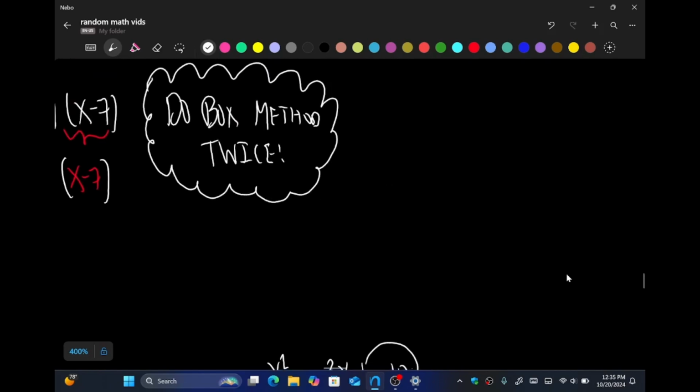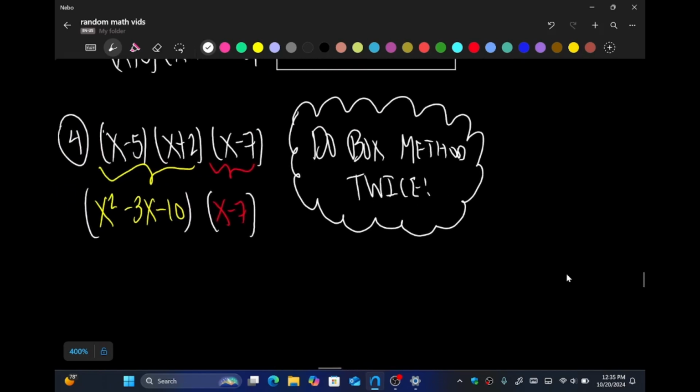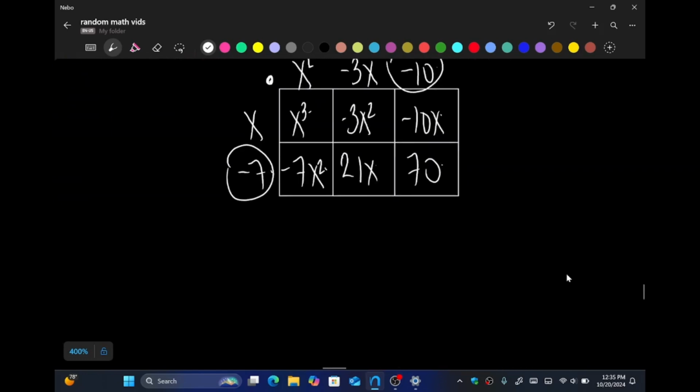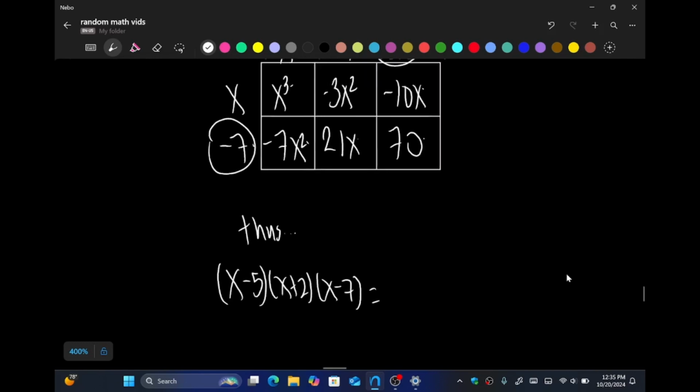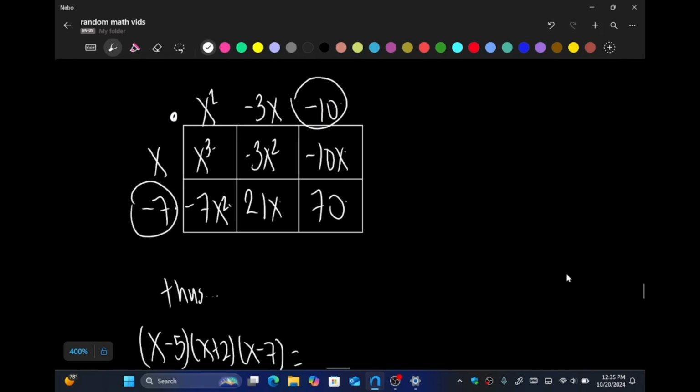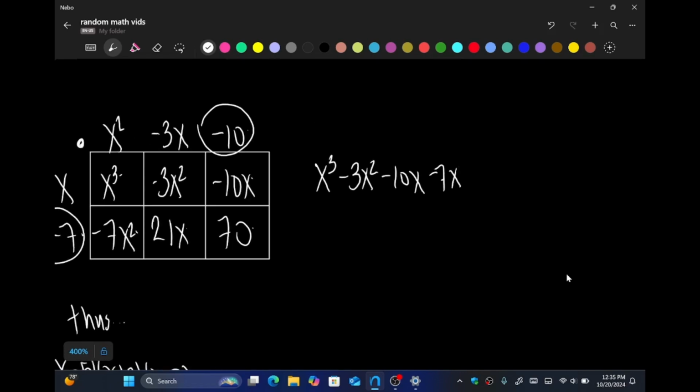So our answer really becomes, so x minus 5 times x plus 2 times x minus 7 equals, oh, and I forgot to actually list it out, so x cubed minus 3x squared minus 10x minus 7x squared plus 21x plus 70.